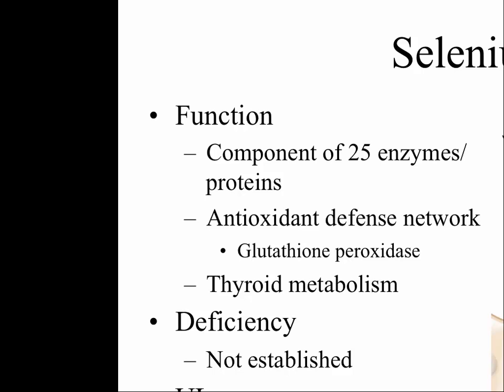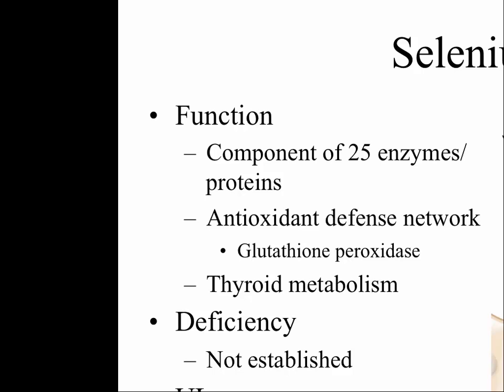Glutathione peroxidase is a selenium-containing enzyme that converts peroxides into alcohols and water that are more easily metabolized. Peroxides are considered reactive oxygen species, which means they can form other reactive oxygen species and cause damage to your cells. So if you have adequate selenium, you have adequate activity of your glutathione peroxidase that protects you from these.